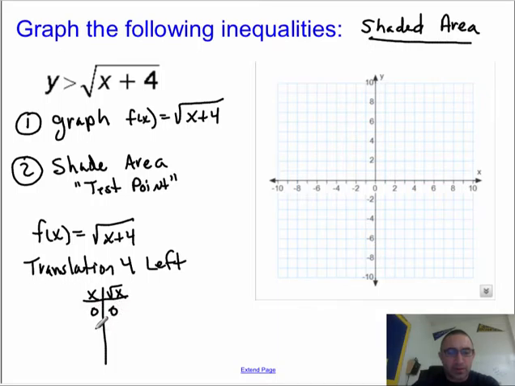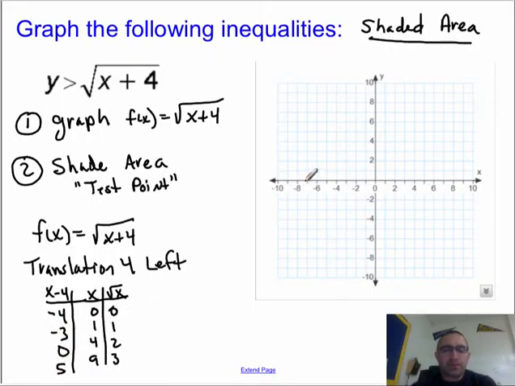So 0, 0, 1, 1, 4, 2, 9, 3. And I'm going to adjust only the x values by taking x and subtracting 4. Negative 4, negative 3, 0, 5.